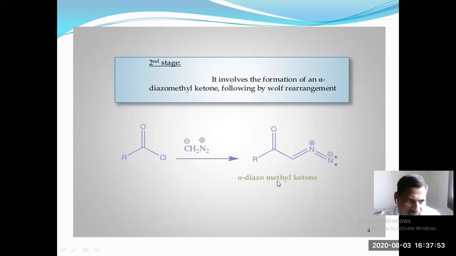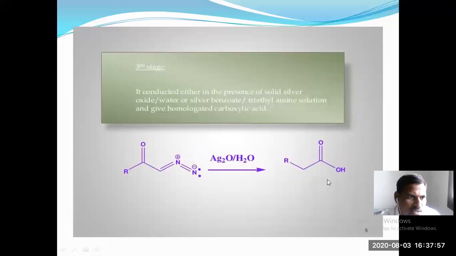Third stage: this alpha diazoketone undergoes Ag2O followed by hydrolysis, and we get the carboxylic acid.